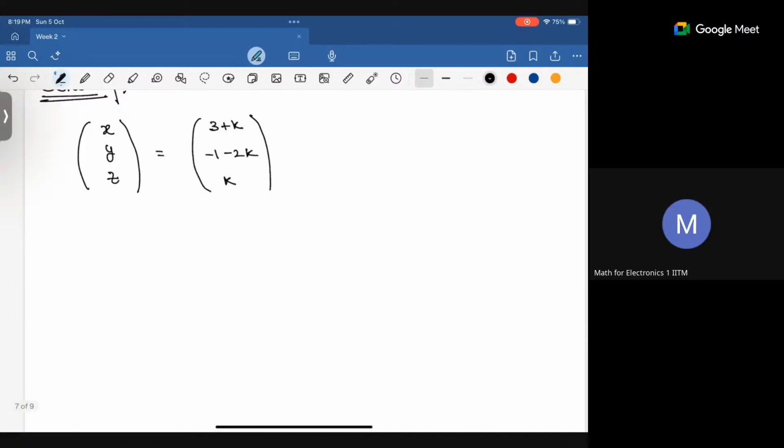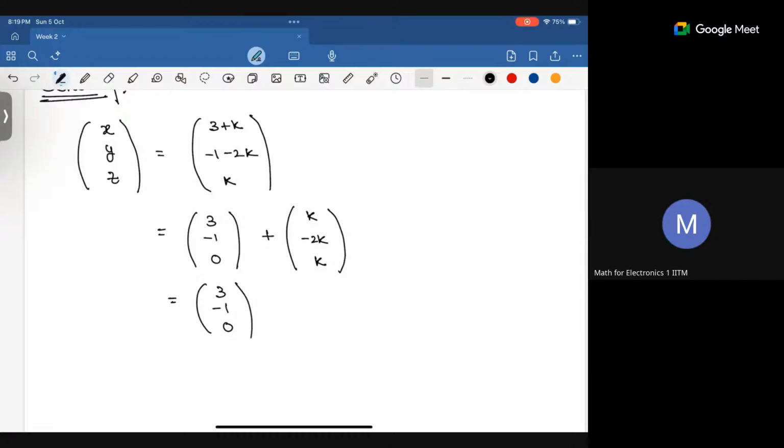Now since this is a vector, I can write this as the sum of two vectors, where one vector will have only the constants and another vector will have the k terms. This is (3, minus 1, 0), plus I can pull this k out of the vector, k times (1, minus 2, 1), and k belongs to the real numbers.